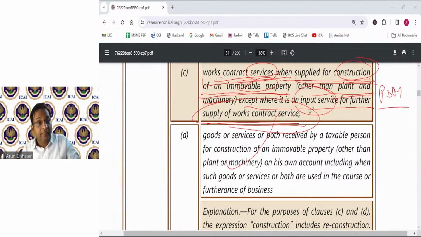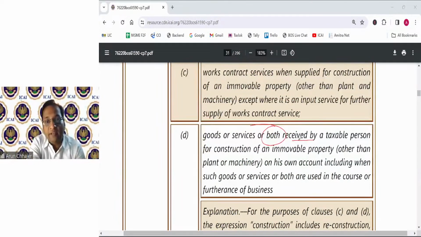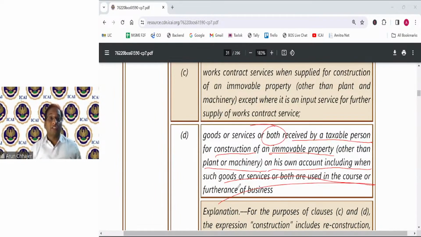In that case, what happens? The individual purchase of the goods or services, can I take the ITC? Clause D says goods or services or both received by a taxable person for construction of an immovable property other than plant and machinery, even on his own account, including when it is used in the course or furtherance of business.